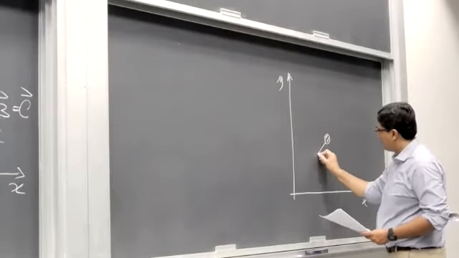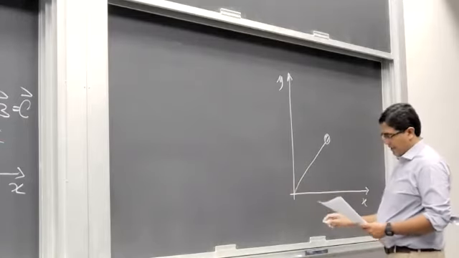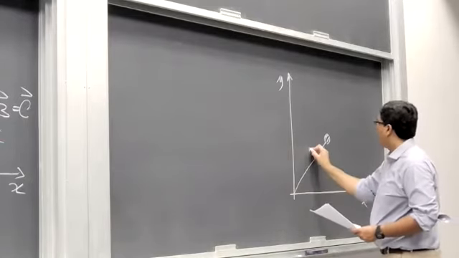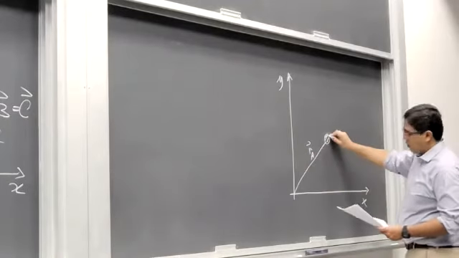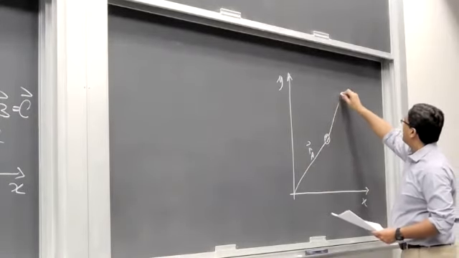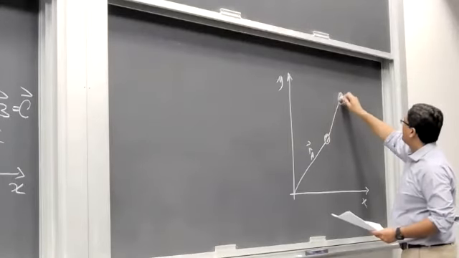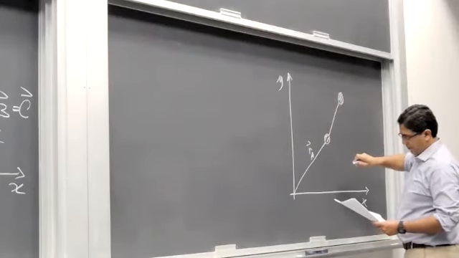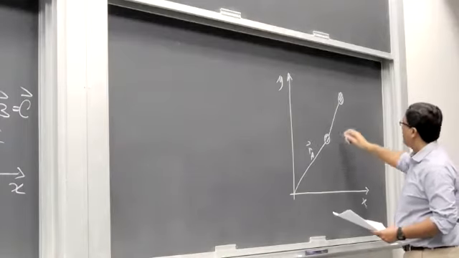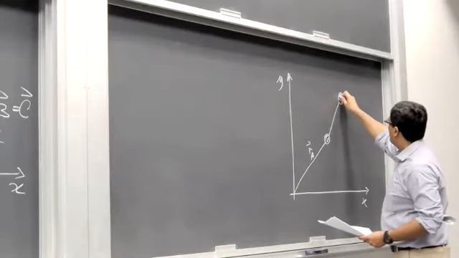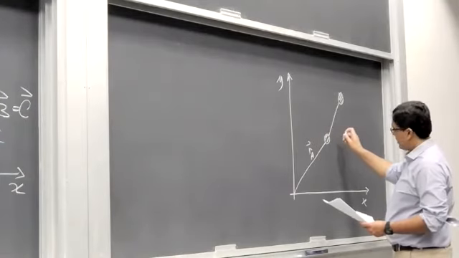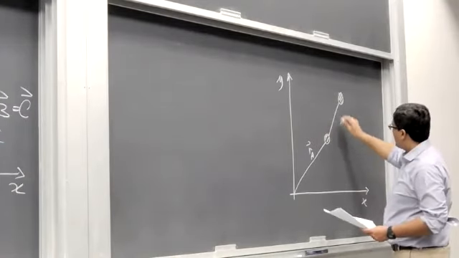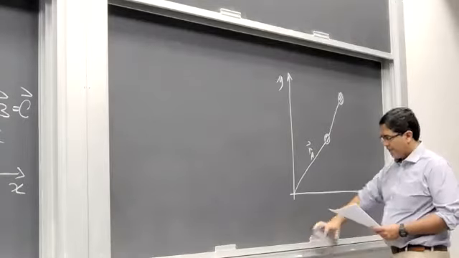Initially, it is here, represented by RA, and then it goes to another position here. And it's this, sorry, it doesn't have to be like this.